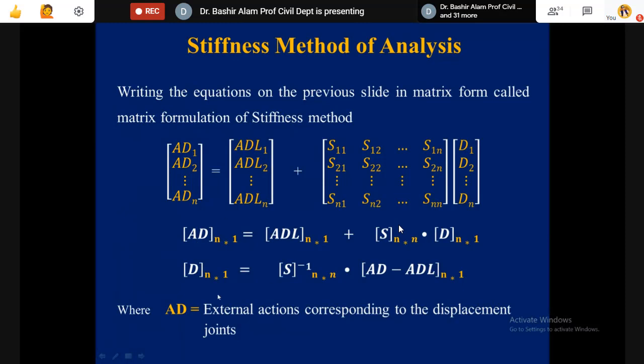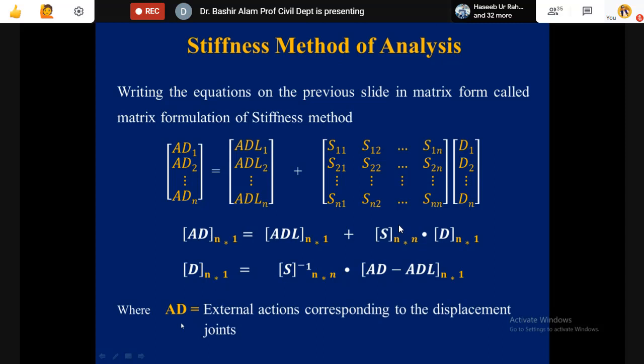Now we can rearrange this and get D, the unknown joint displacements, equal to S inverse times AD minus ADL. Again, this used to be AR, this used to be F inverse, this used to be DRS minus DRL. So you can find the resemblance.